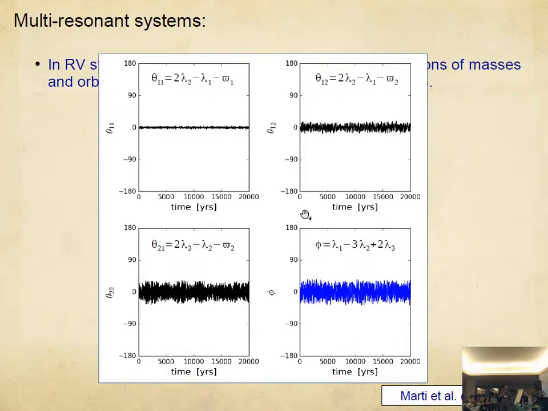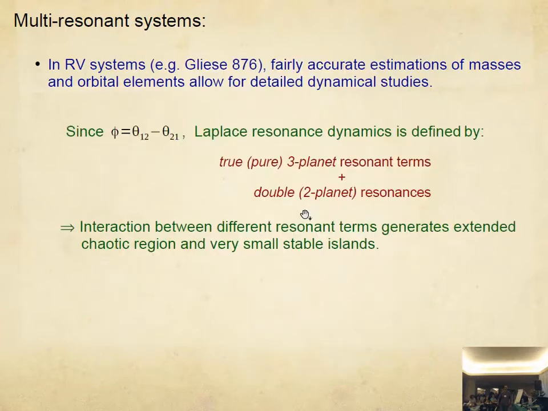You can also plot the resonant angles, and we see that both resonant angles of the inner two-body resonance of the pair are librating. For the outer pair, one of them is librating, the other not, and the Laplace angle is also librating.